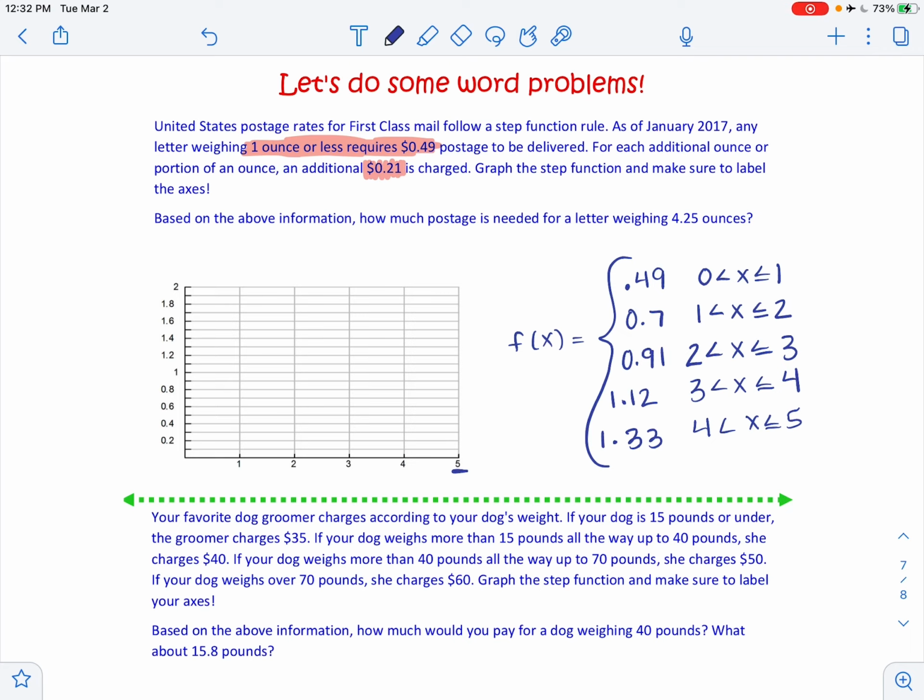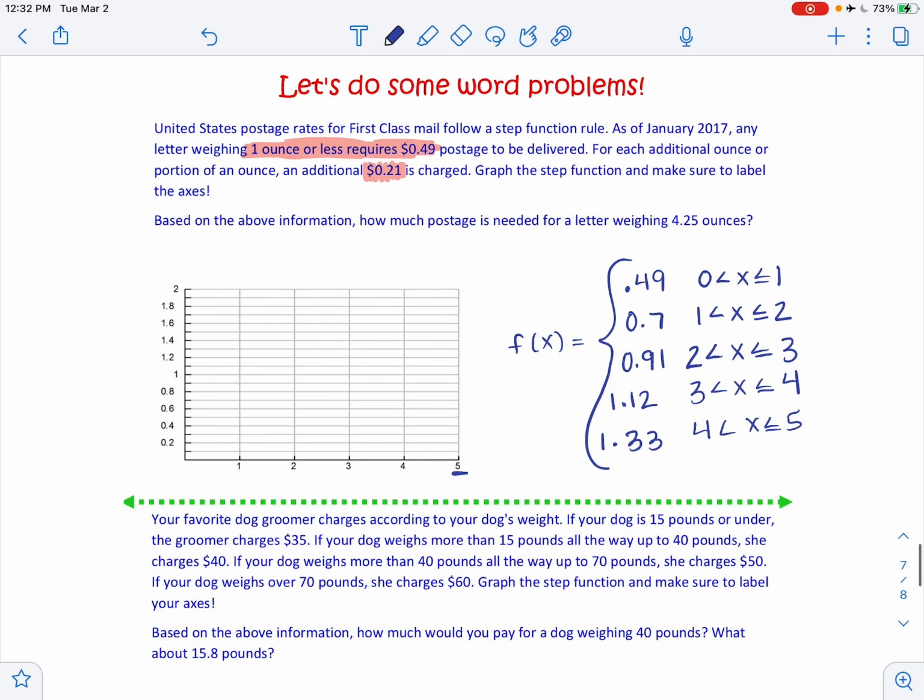Now let's graph it. I'm going to start with the 0.49, starting with the point where x is 0. Remember, we're plotting this point, and it is open because it's just less than, not less than or equal to. Before we do that, let's label our axes because right now we don't have x and y labeled.